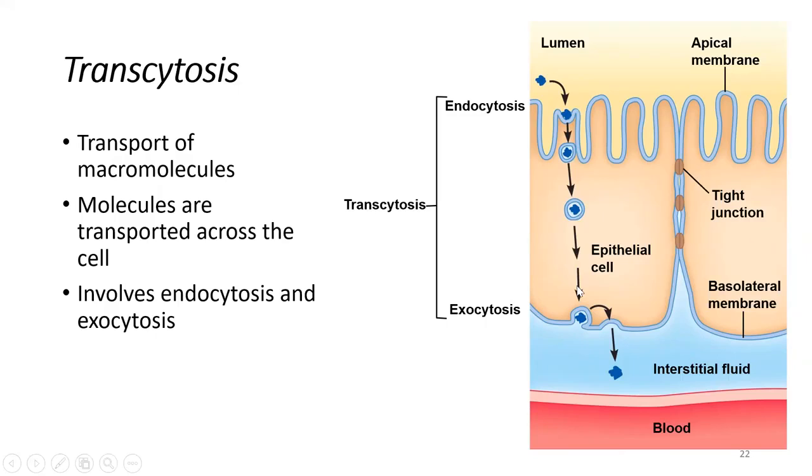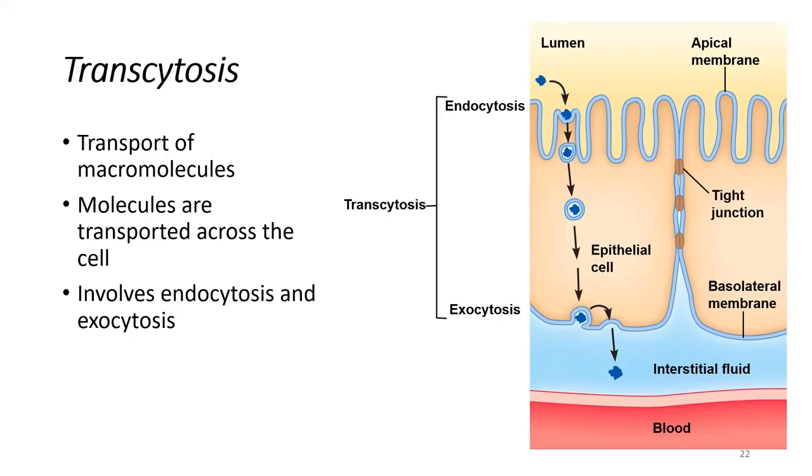And then the second part of the process here is exocytosis, where we kind of spit this particle out into the interstitial area. And then the membrane of the particle resumes as a part of the basolateral membrane of the cell. So transcytosis requires both endocytosis, which engulfs or takes the particle in and pinches off a part of the membrane to create a vacuole, and then it also requires exocytosis, which is basically spitting that particle into the other surface of the cell.